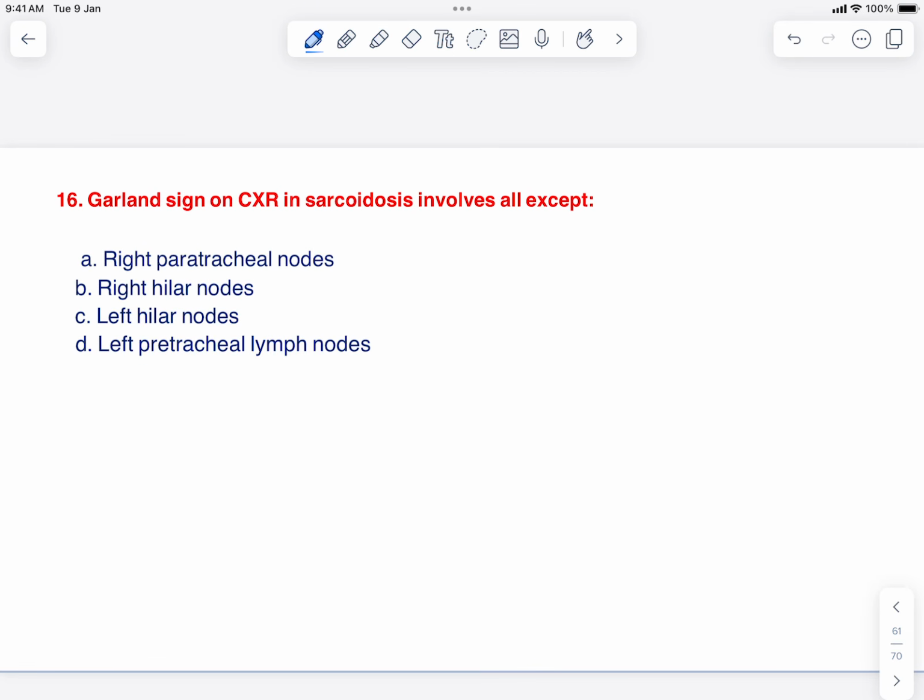Garland sign on the chest X-ray in sarcoidosis involves all except: right paratracheal lymph node, right hilar lymph node, left hilar lymph node, left paratracheal lymph node. So you take this Garland sign.